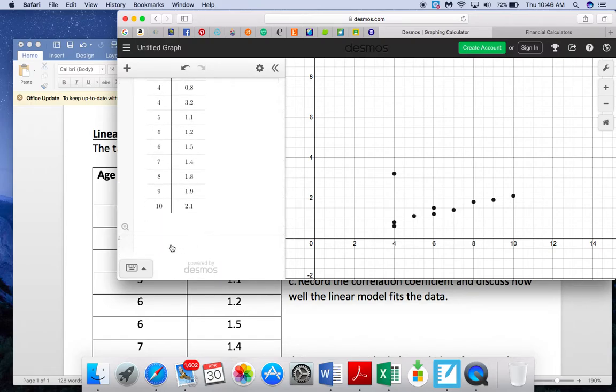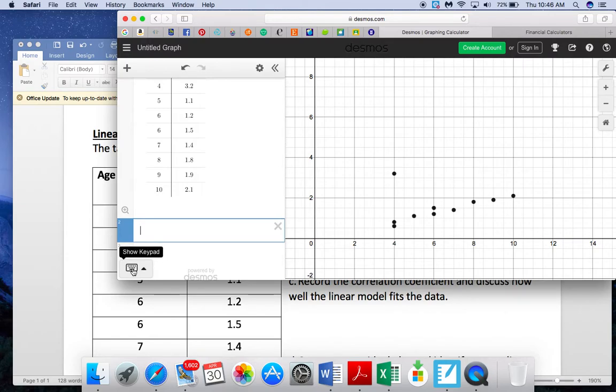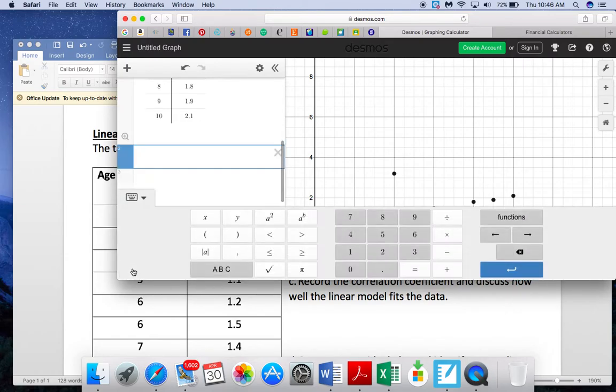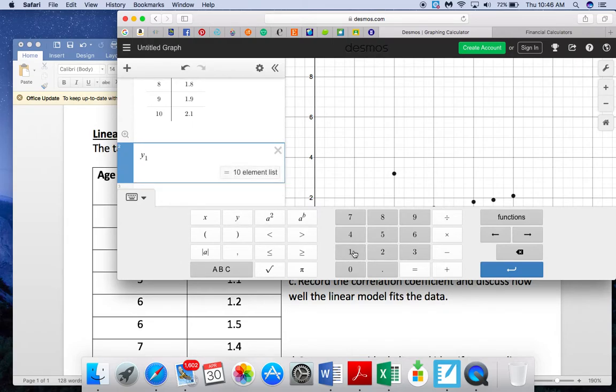All right, so I'm going to click in space 2 here underneath the table. And you can use the keyboard on your computer if you're using the website, but I'm just going to use the Desmos keyboard here for you. So notice we don't need to actually type that one as a subscript. If I just type Y1, it automatically makes it a subscript.